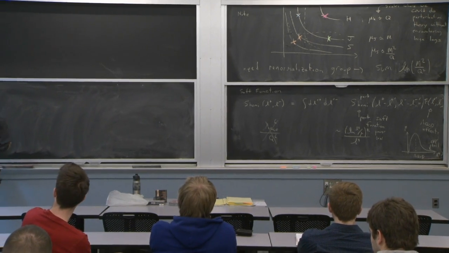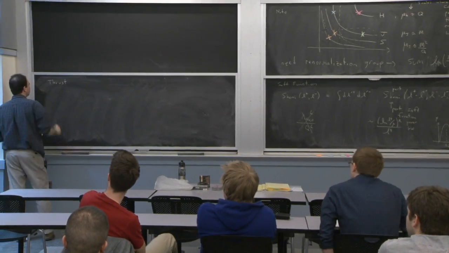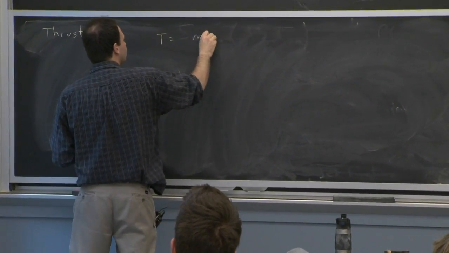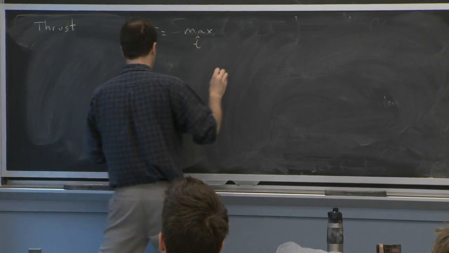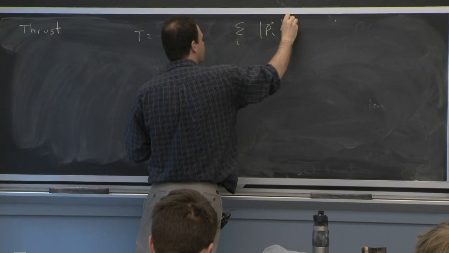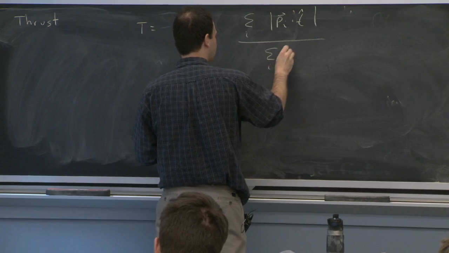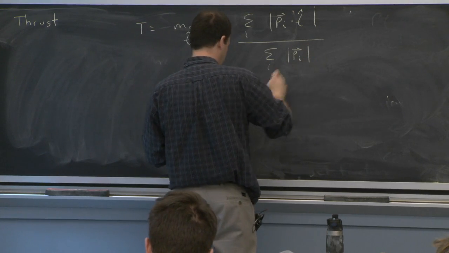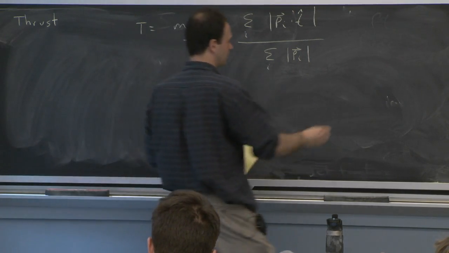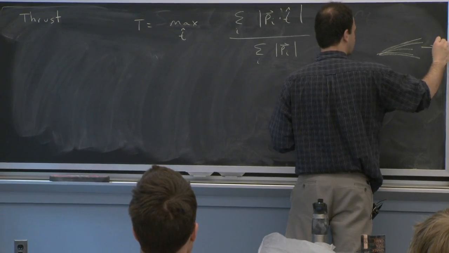All right, so to draw a picture, I want to tell you about one other observable, which is thrust. Thrust can be defined by this formula in general: you find some axis, which in our dijets configuration will be the jet axis.